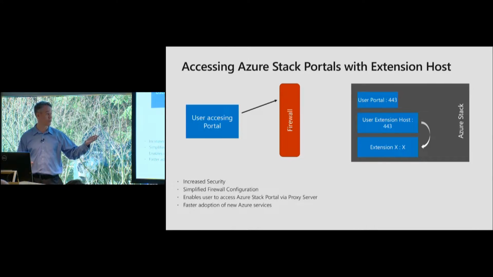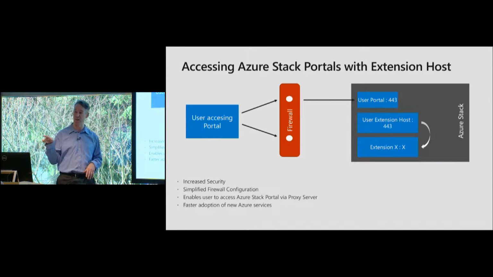So the process is still the same. The communication to Azure Stack comes along to port 443, goes through the hole in the firewall. The redirection comes, but it redirects you to the extension host, also running on port 443, and then it is responsible for communicating with whatever extension is needed to do the function you're asking for.